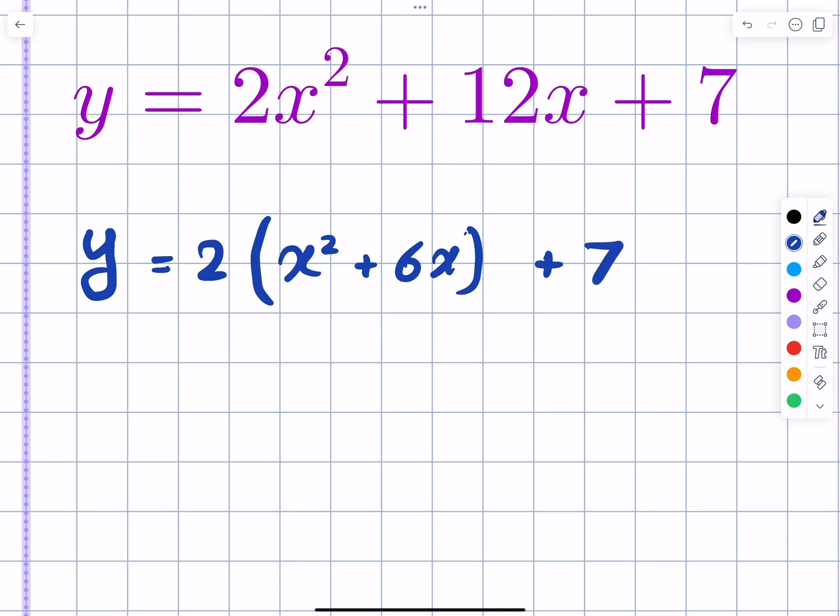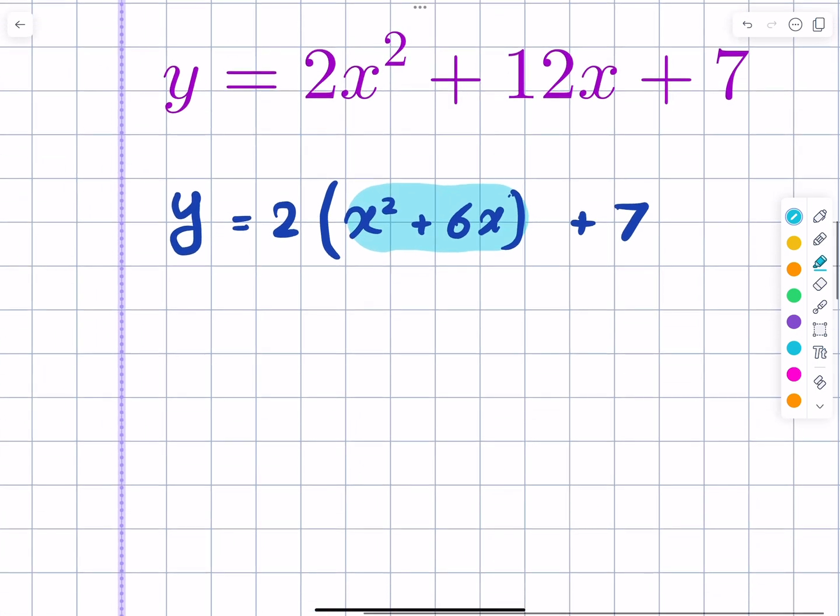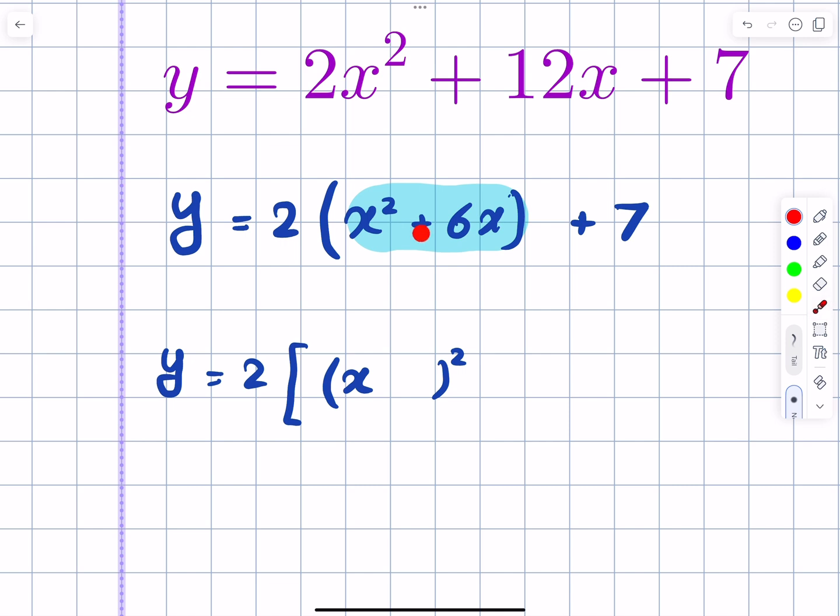Now, we will complete the square for this as we learned in the previous examples. So here, I will write y equals 2 times. Now, to complete the square here, I will open bracket immediately and squared. Here we have x, then we take half of the coefficient of x, half of 6 will be 3.